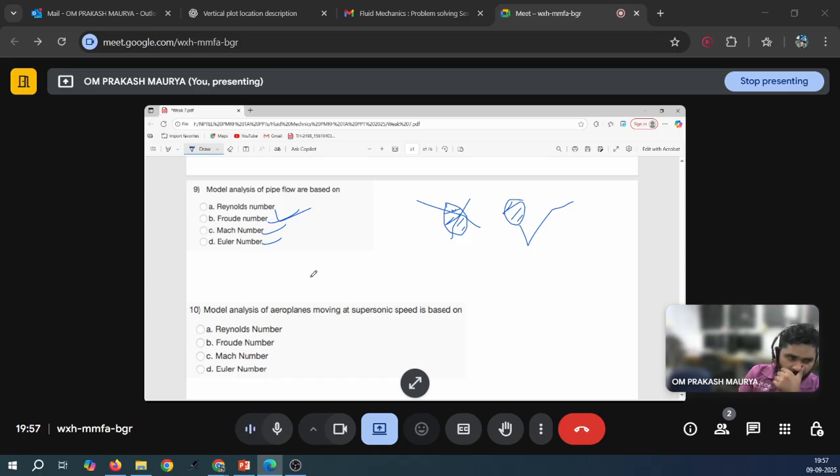If gravity is involved or a free surface is involved, then we go with the Froude number. Otherwise, if the viscous force is dominating, we go with the Reynolds number. So in pipe flow, pressurized flow, always remember please, the Reynolds number is dominating. So when we do the dynamic similarity for pressurized flow, we go with the Reynolds number, not the Froude number, Mach number, etc.